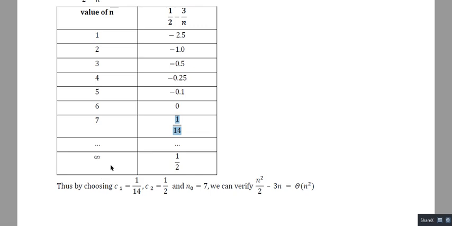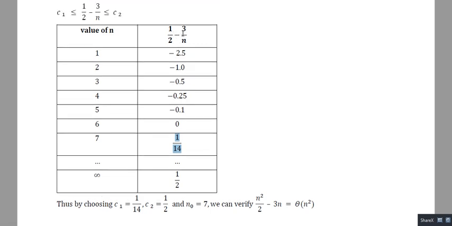For n equal to infinite it will be 1 by 2 minus 0, right? 3 by infinite is 0, so it will be 1 by 2. So this is going to be the C2 value, the final value, and the initial value is for C1. Okay, so now this positive value starts from, for what value of n? For n equal to 7. So we can say that the value of n0 is 7.